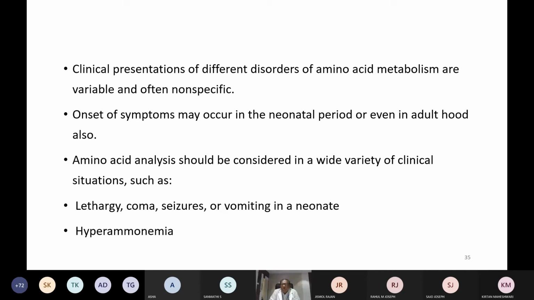Chromatography of amino acids is done mostly in neonates, because the observations will be there that proper growth is not happening, or other complications are there. At that time the pediatrician will ask for the amino acid chromatography.